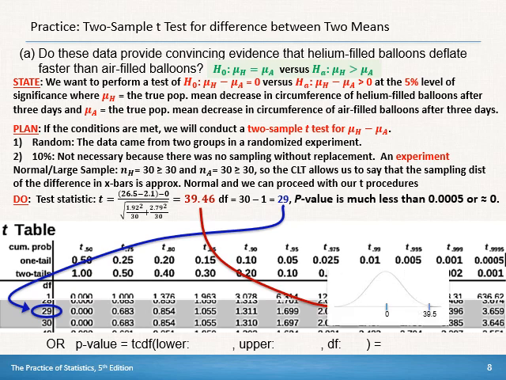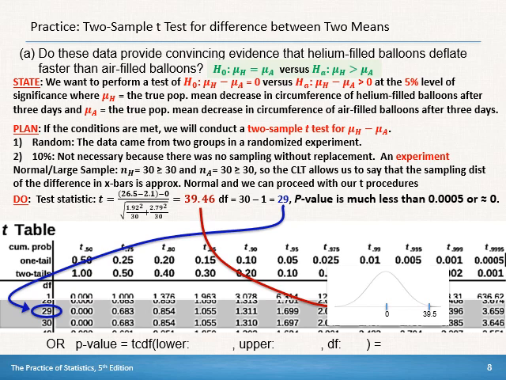It might help if we think about what our graph looks like. What's our t distribution? So our t statistic of 39, remember our alternative hypothesis is that the difference is greater than 0. That would mean that we're on the right tail, shaded region. I've not got this drawn to scale. I'm showing a little bit of shading.